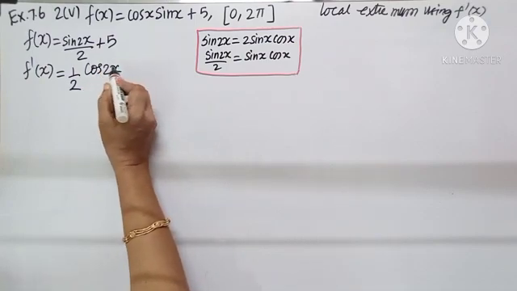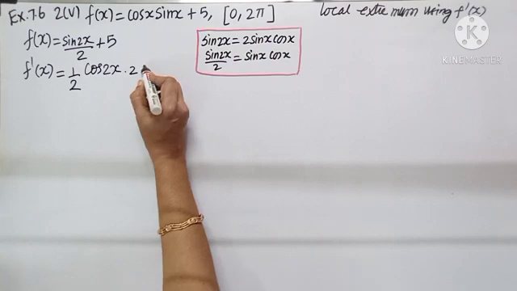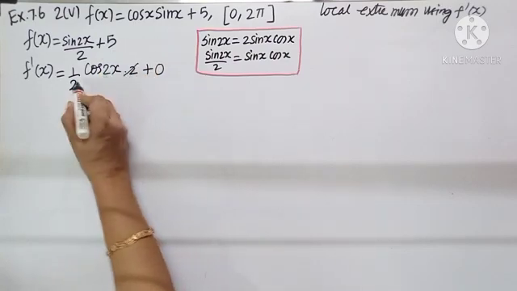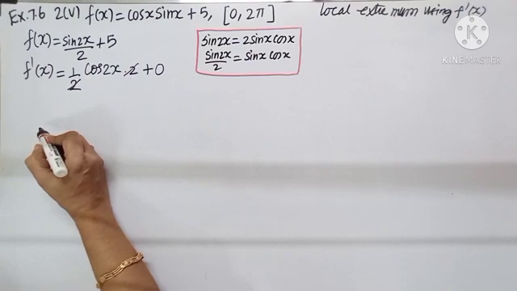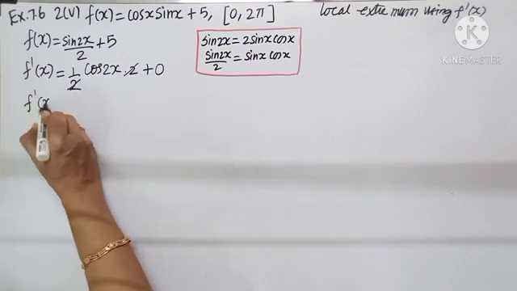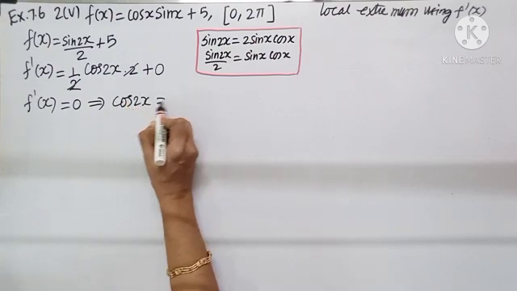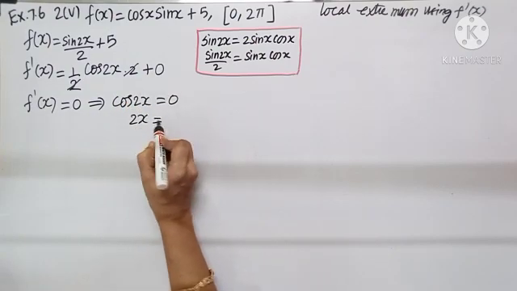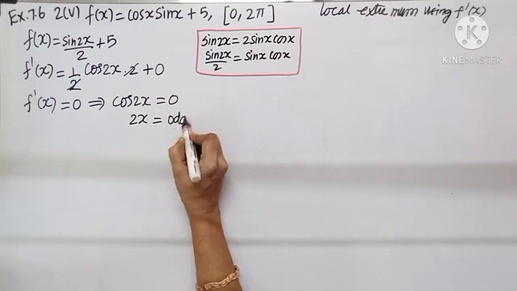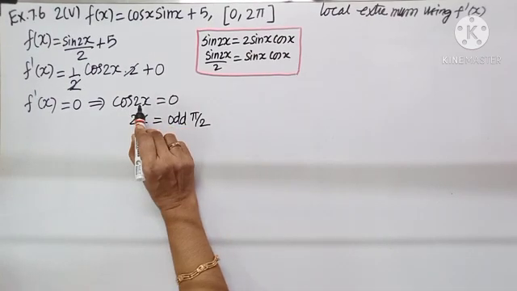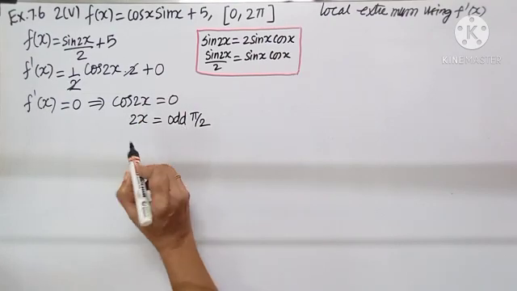Because 2x is coming, it will become 2, plus constant will become 0. 2 and 2 we can cancel. The very next step, put f dash of x equals 0. Cos 2x equals 0 tells me 2x is odd pi by 2.